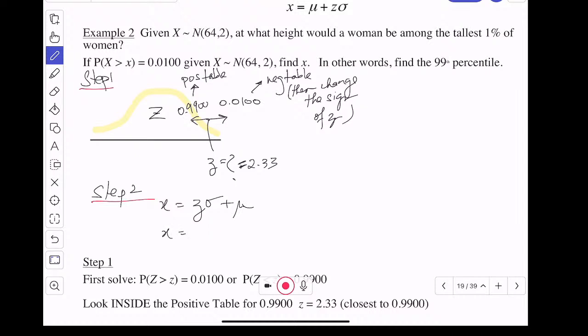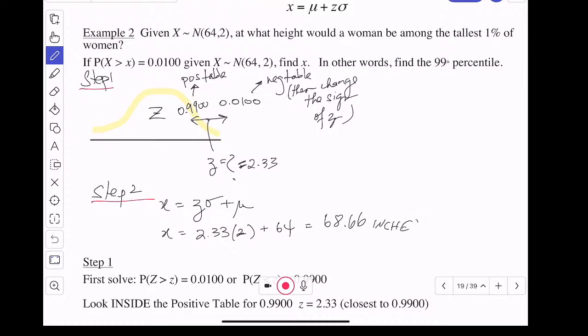So then x is equal to 2.33 standard deviations from the mean. So the final answer is 68.66 inches.